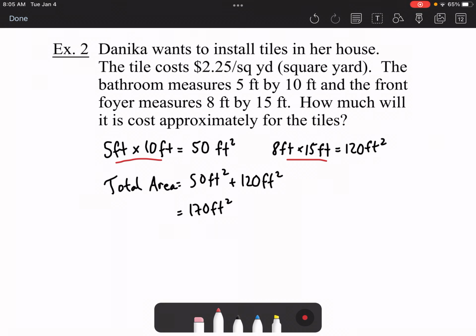So once you have these two values together, we look back at our reference sheet, and I see 1 square yard. I'm going to write it like this: 1 yard squared is equal to 9 square feet. So now we're going to change this 170 feet squared.